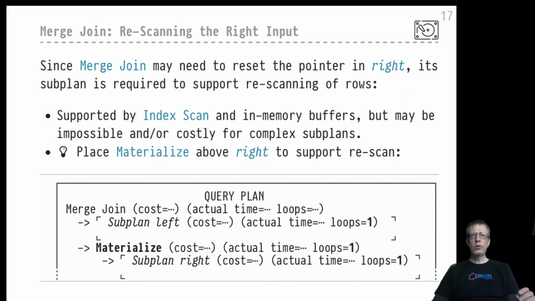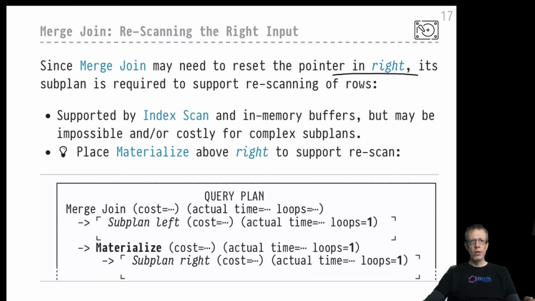Well, if you recall our discussion of the lockstep advancement of pointers in the left and right inputs, then you will recall that we had the requirement to be able to reset the read pointer in the right hand side input, if only locally. Okay, so this has to be supported, resetting the pointer in the right hand side, and the subplan on the right hand side has to make sure to enable such rescanning.